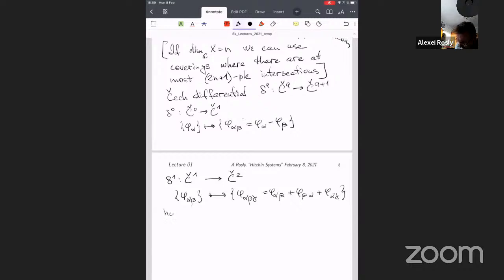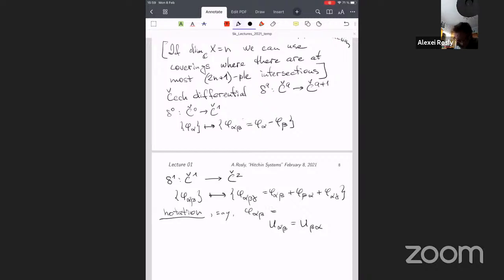My notation is such that when I label, for example, for one-chains, I label them by two indices, and the open covering double intersections of the elements of the covering are labeled by two indices, and we have that U_alpha beta and U_beta alpha are the same.